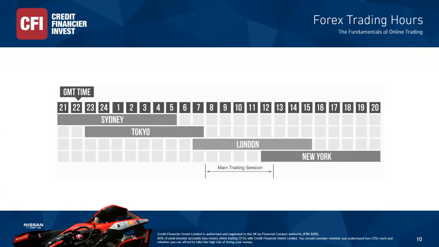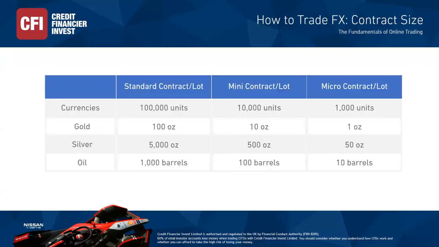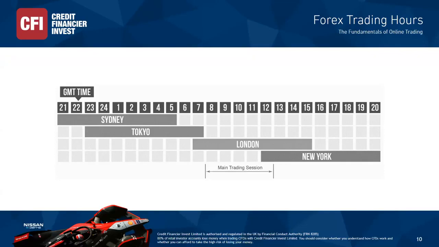With the Asian session, most of the focus is on the Japanese yen currency pairs, given the impact and importance that the Japanese market has, especially with the data and reports it puts out.